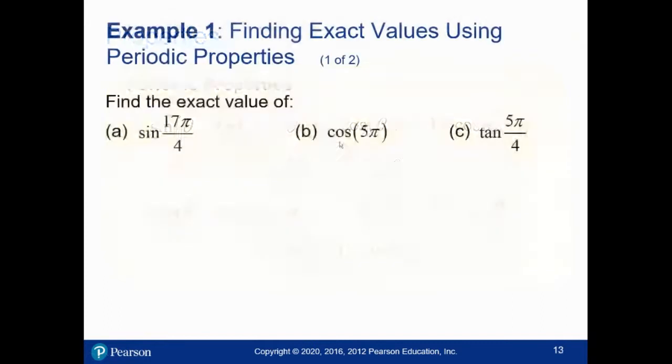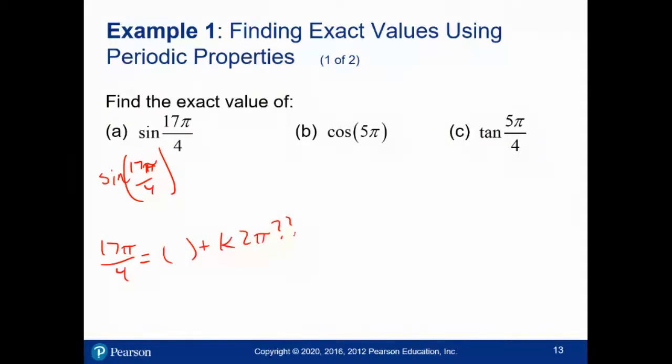Okay. So can you find the exact value of the following? We're going to use periodicity. So for example, for the first one, we'd say the sine of 17 pi over 4. The input is something plus a multiple of 2 pi, okay?